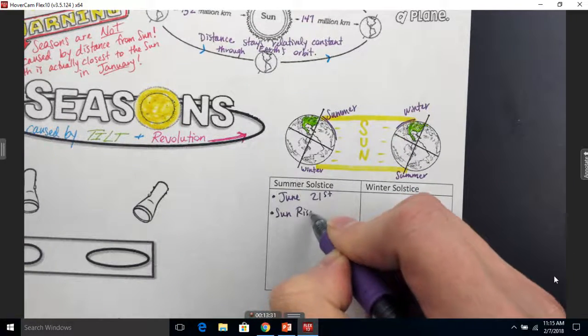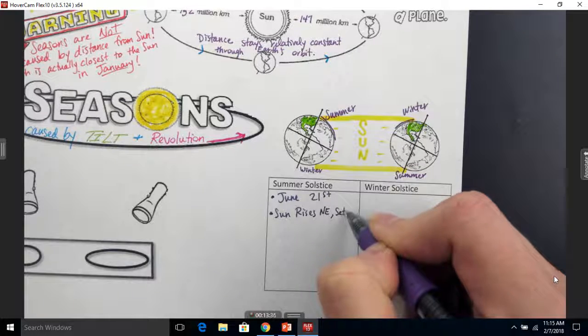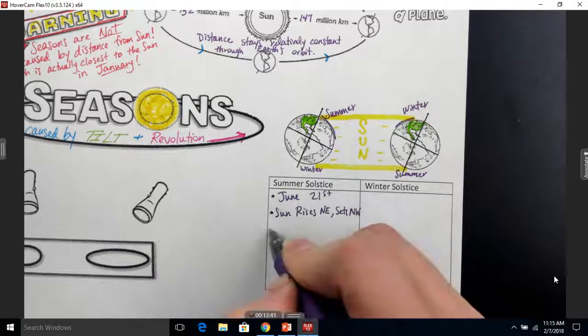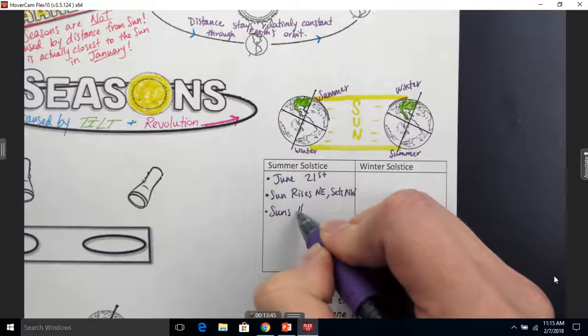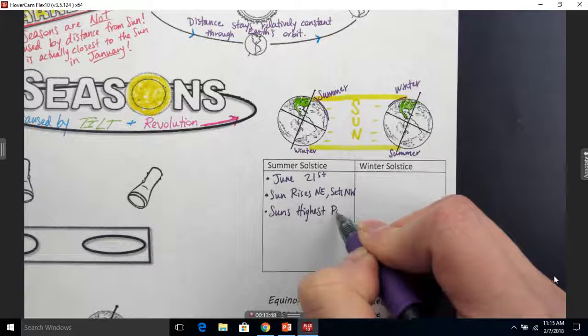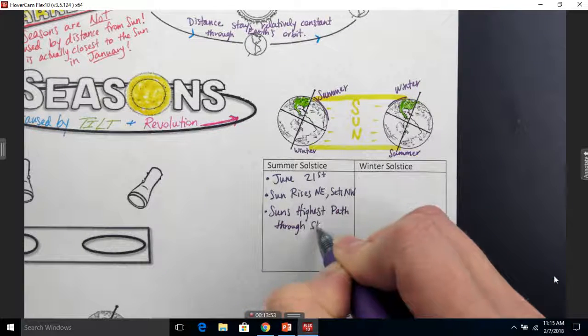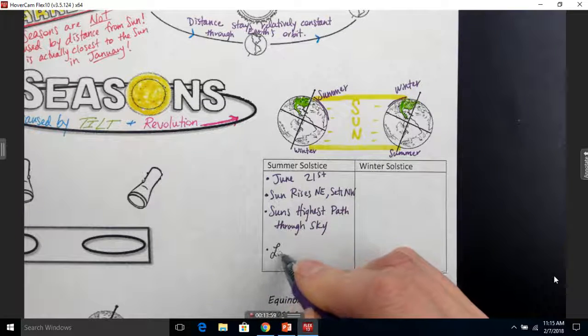Summer solstice, June 21st. Sun rises in the northeast, sets northwest. It's the sun's highest path through the sky, and it's the longest day of the year.